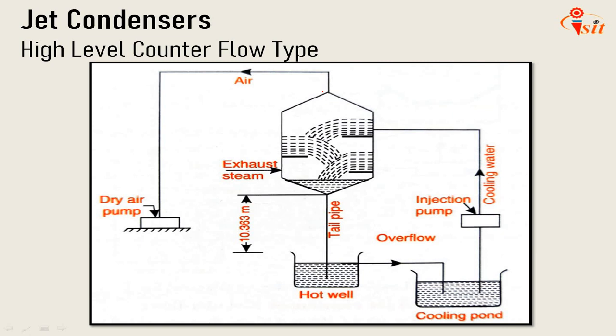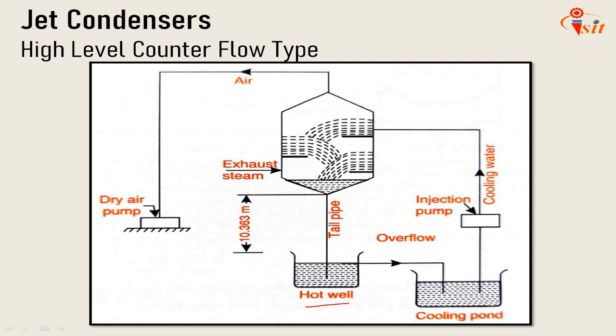Now in counterflow, high level counterflow type condenser is also there. In this figure, it is also called a barometric condenser. In this case, the shell is placed at a height above 10 meters above the hot well.